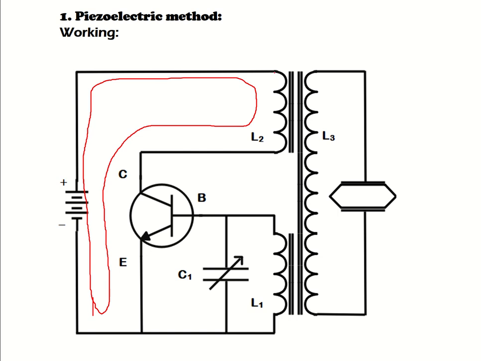Now, as soon as the current starts passing through the L2 coil, there is a change in current from 0 to some certain value.